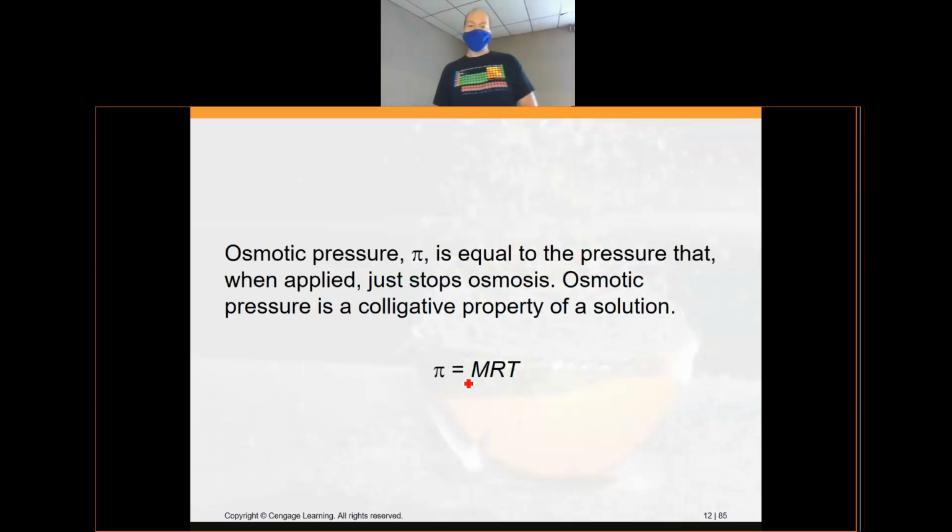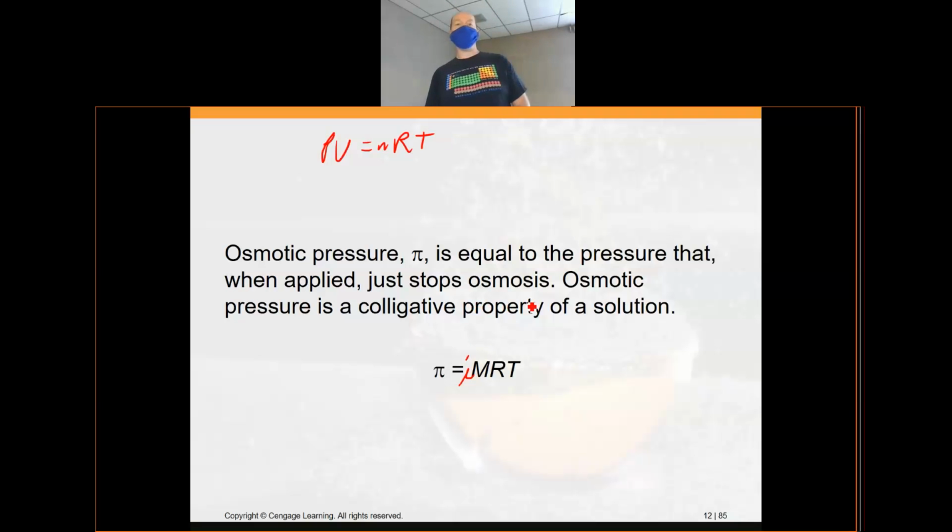All right, so again, they give an equation without an i in it. All of their equations should have an i in it. This is how we're going to calculate osmotic pressure. This is easy to remember because although it's a gas law, PV is equal to nRT, which we are not using. We are not doing gases. We are doing solutions.